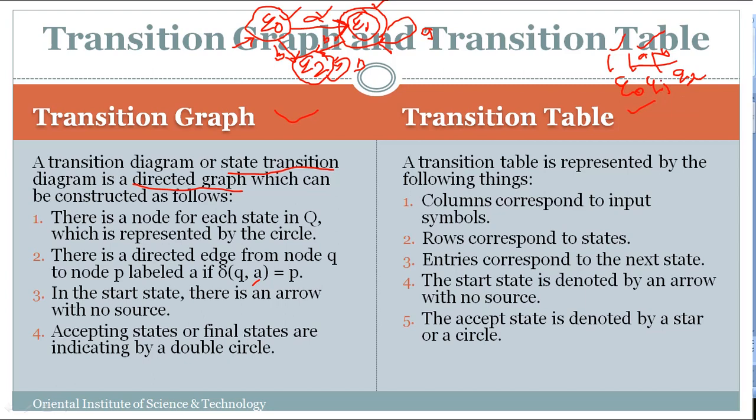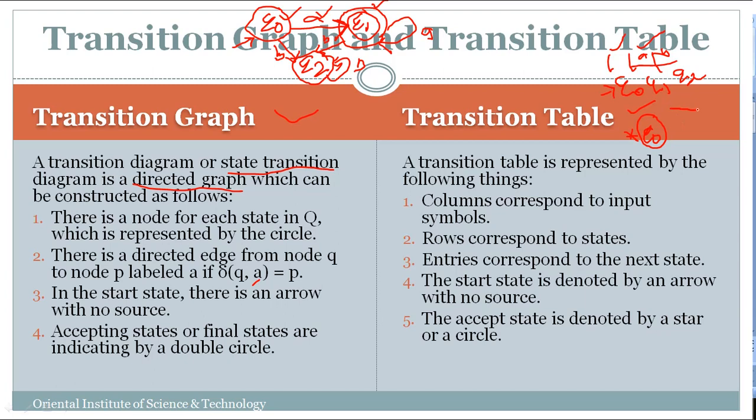Like this, you can show the transitions. Here in this table, the initial state is again represented by an arrow and the final state is represented by a simple circle, or you can show it by a star sign. It depends on you how you show it.